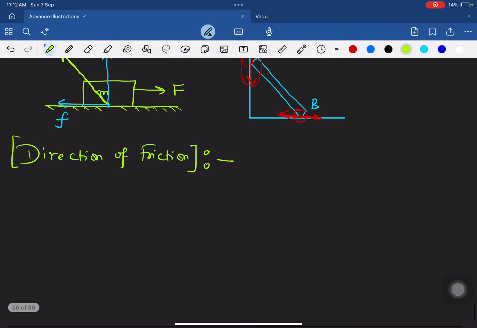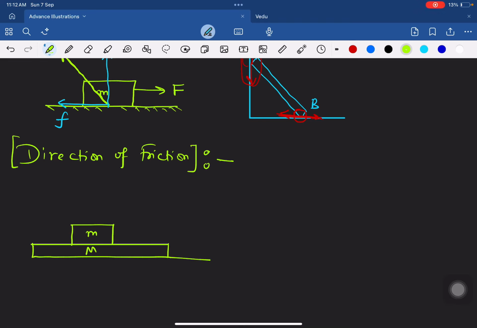Like, guys, suppose you have a surface, and there is a body here, let's say of mass m, whatever you want to call it. I am putting another block lower here, let's say of mass capital M, and this is your ground. Now, suppose this velocity is 4 meter per second, and this is 3 meter per second.